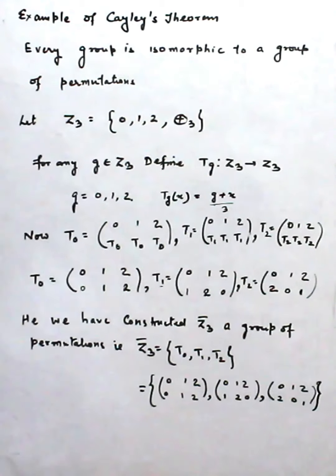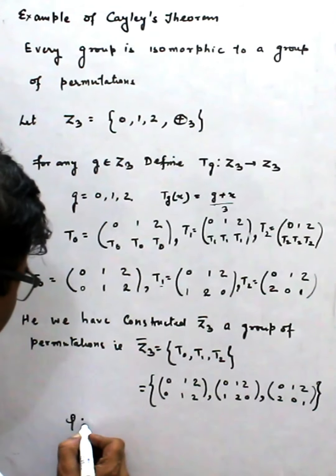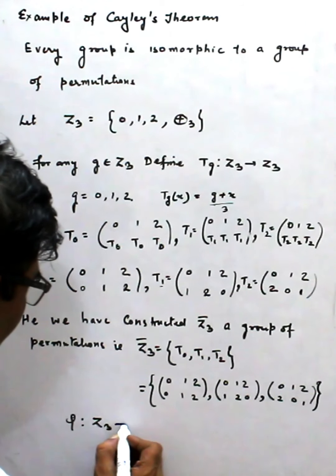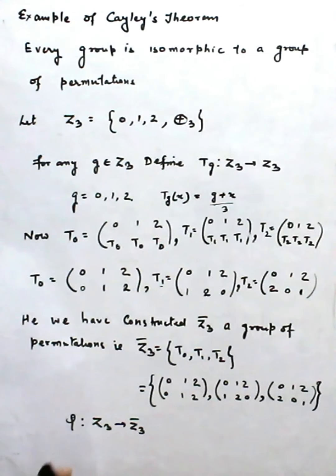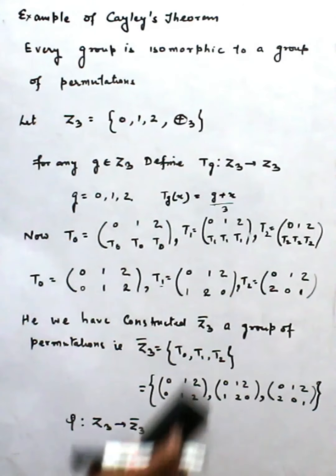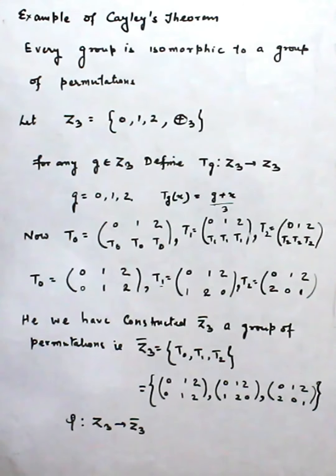These are the 3 elements. Now we can define phi from Z3 to Z3 bar, and we show it is one-to-one, onto, and the operation is preserved. That we can do by the Cayley table directly. That means what do we define?